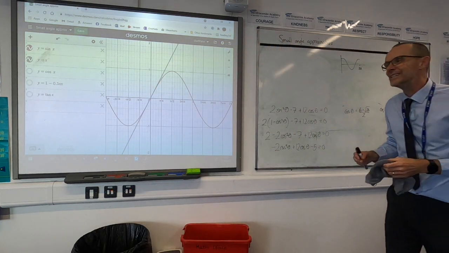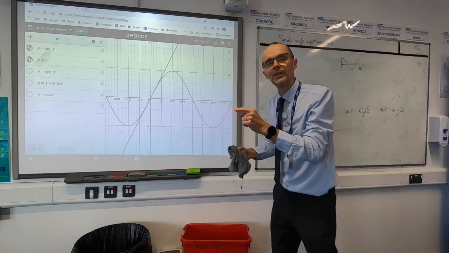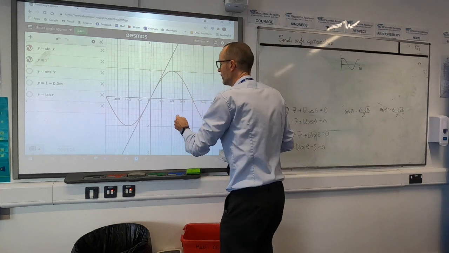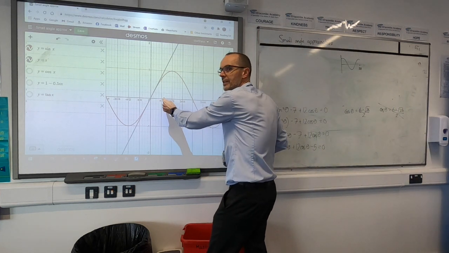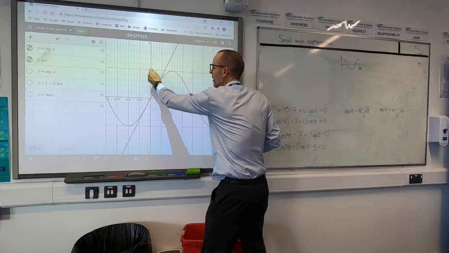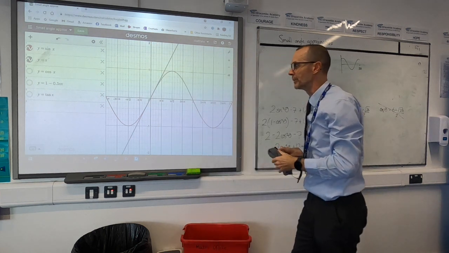Now, if I was working in degrees, the y equals x line is the line that goes through 0, 0, 1, 1, 2, 2. If I was working in degrees, remember this is 45 degrees, so 1, 1 would be about there. So the y equals x line would be a much, much steeper line if I'm dealing with degrees.